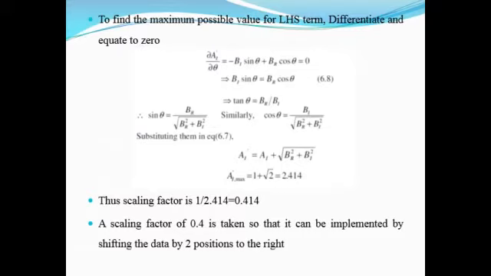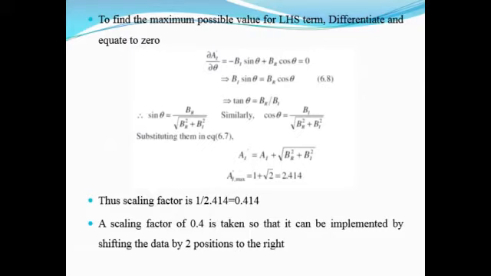Now I can find sin theta by cos theta, which is equal to tan theta, giving me BR by BI. Now if I form a right angle triangle with adjacent BI and opposite BR, then I can find sin theta, that is square root of real part square plus imaginary part square. So here the value we get is BI square plus BR square. Similarly cos theta is BI divided by square root of BR square plus BI square.